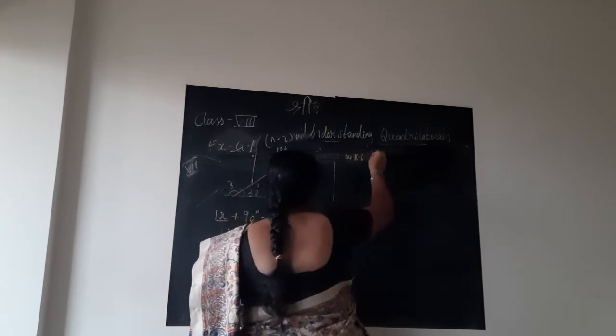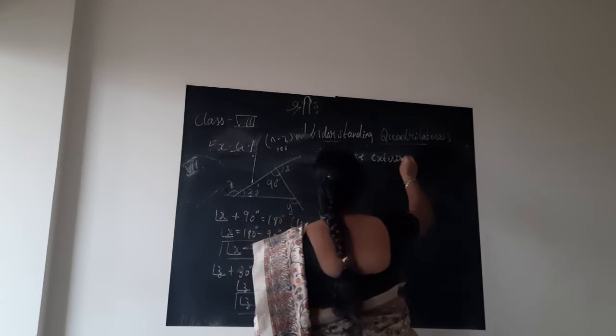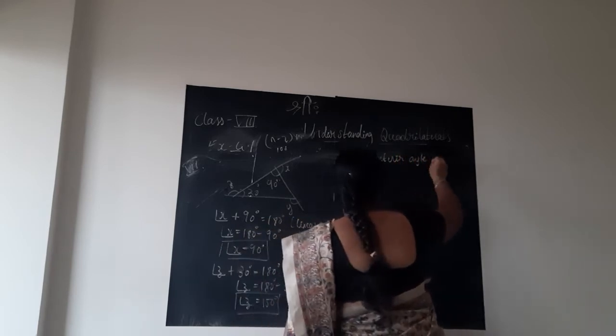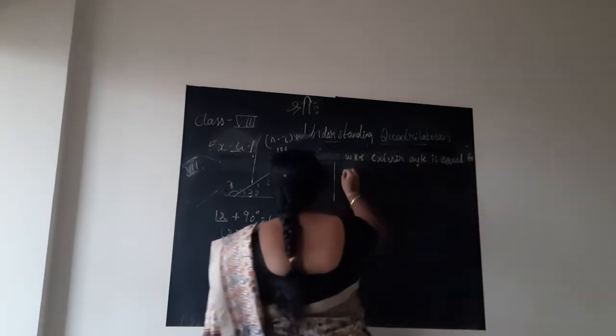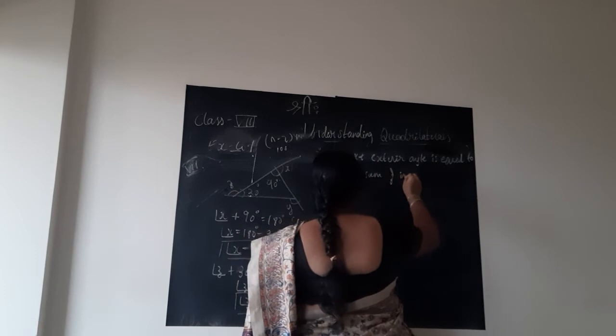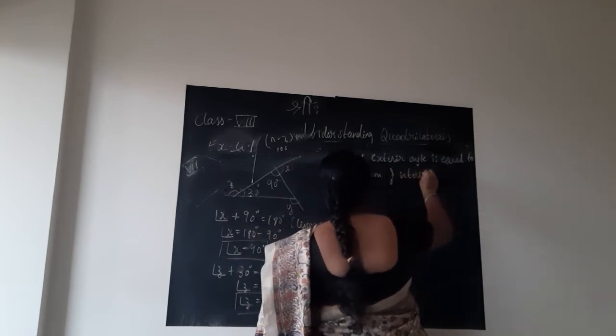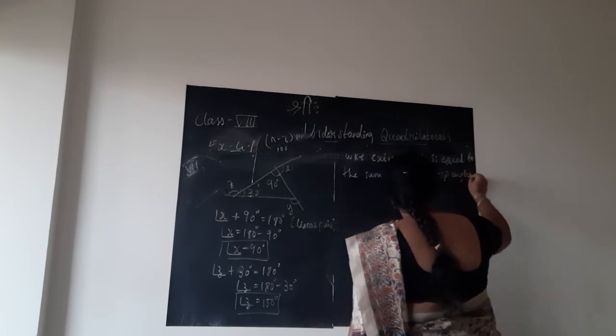We know that an exterior angle is equal to the sum of the interior opposite angles.